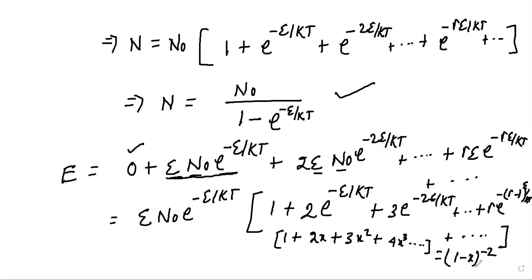Then you expand it, and the series can be written this way, okay? So substituting this thing, (1 minus x) to the power minus 2, where x is given by e to the power minus E by kT. Here I took x equal to e to the power minus E by kT, right?